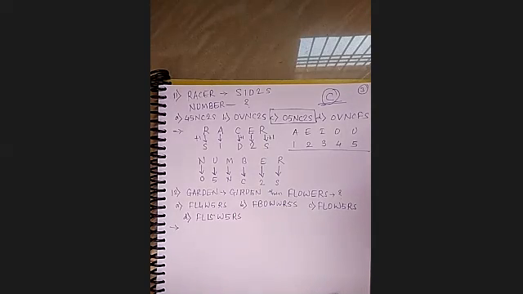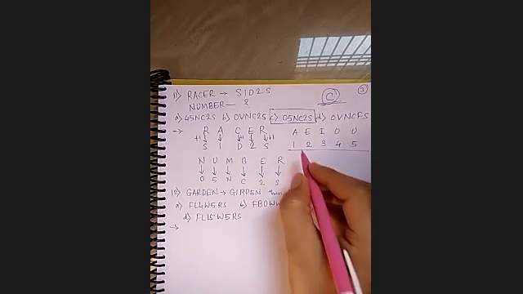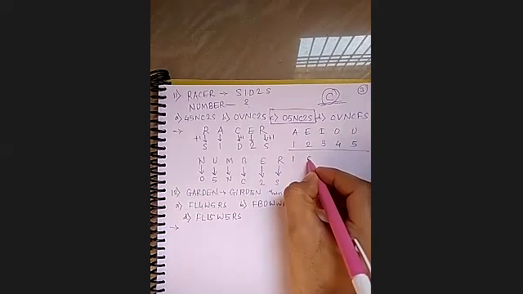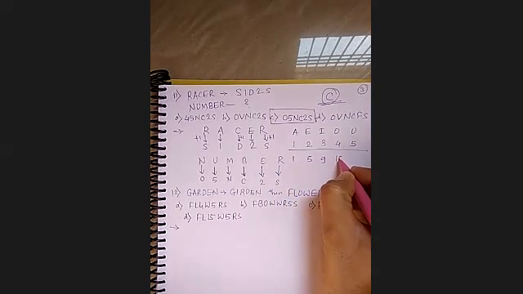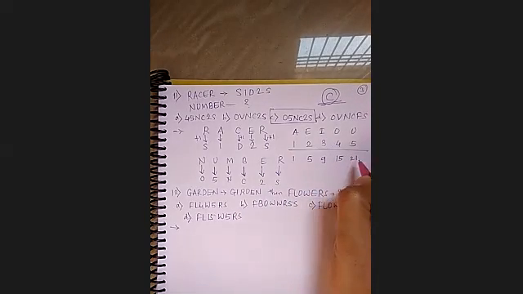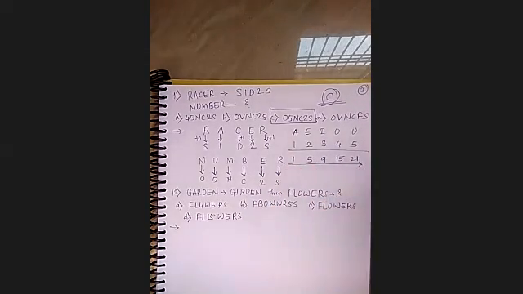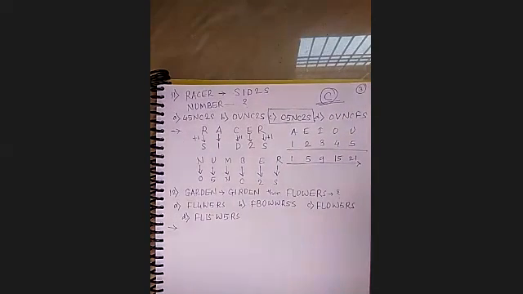Option A is not the answer, right? I will tell you why it is not. So here it is 1, this is 5, this is 9, O is 15, and I think U is 21. Right. So see how the logic has changed in this case.